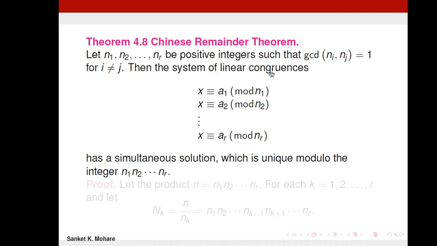Then the system of linear congruences, so this system has exactly r congruences: x congruent to a1 modulo n1 and so on, x congruent to ar modulo nr has a simultaneous solution which is unique modulo the integer product of n1, n2 up to nr.